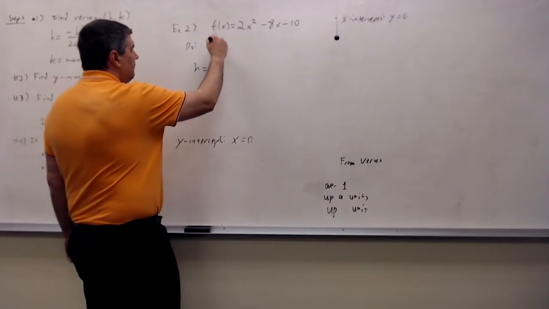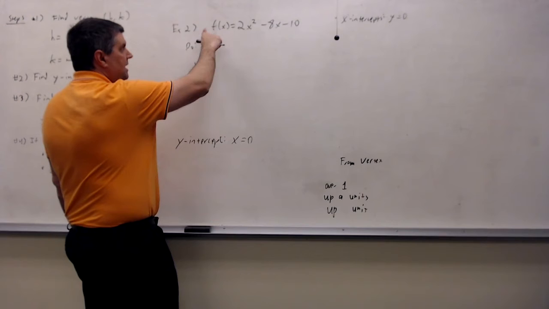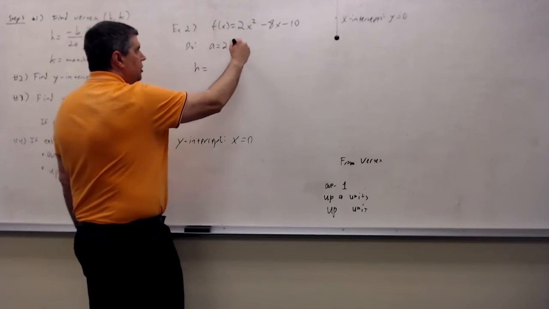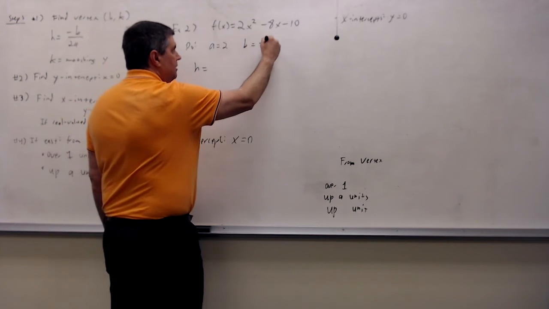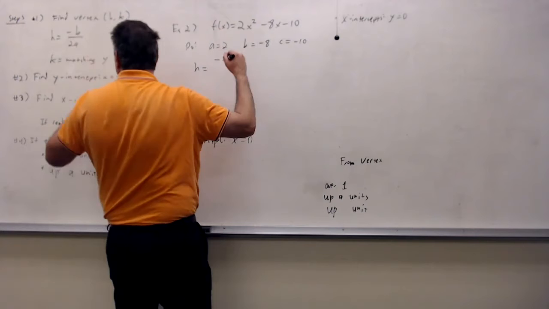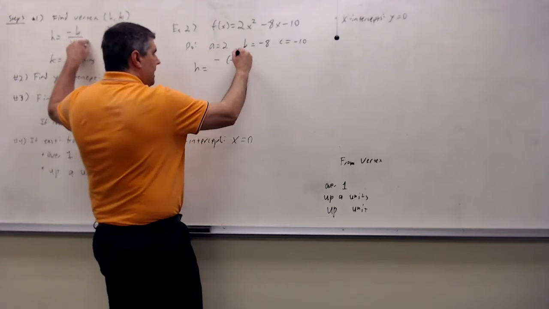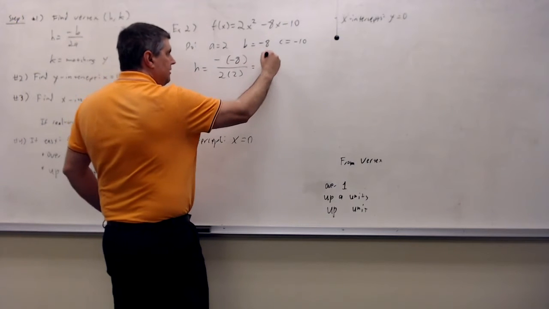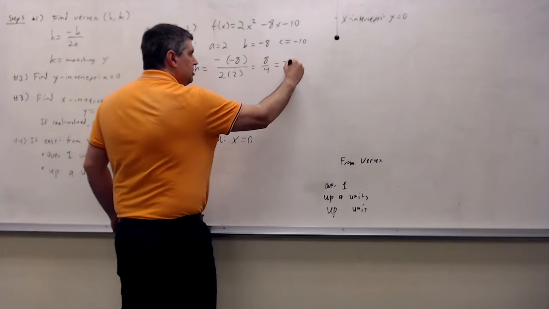First of all, the next example is f of x equals 2x squared minus 8x minus 10. A is 2, b is negative 8, and c is negative 10. So h equals, per this formula, negative 8 over 2 times 2, which gives me positive 8 over 4, which is 2.